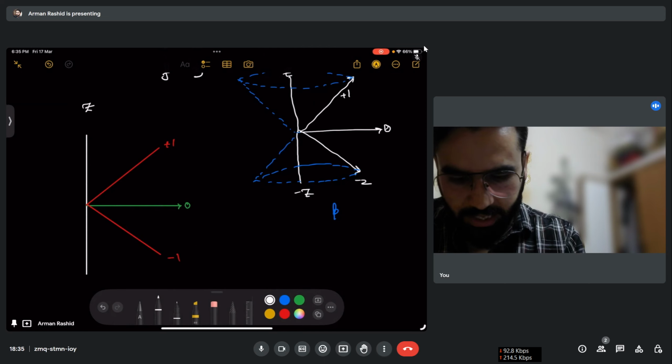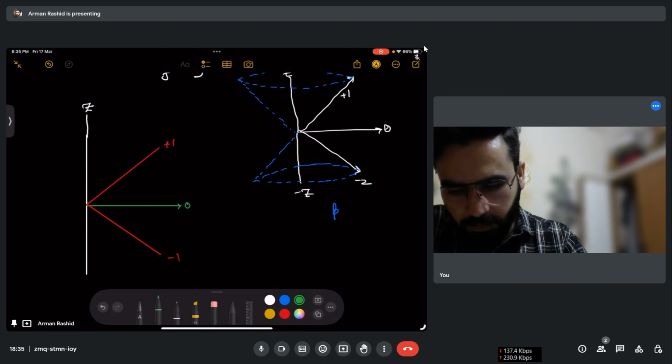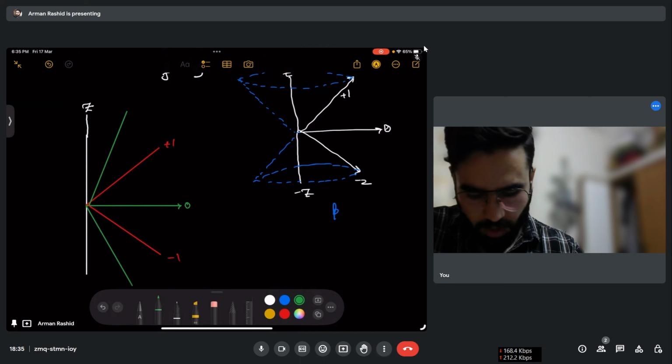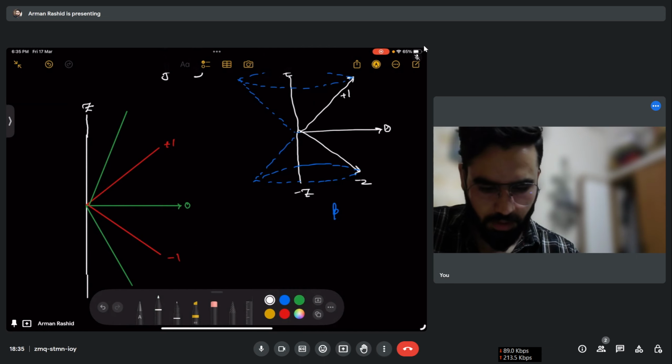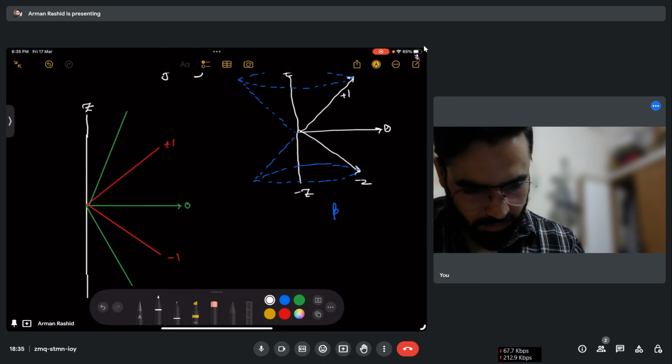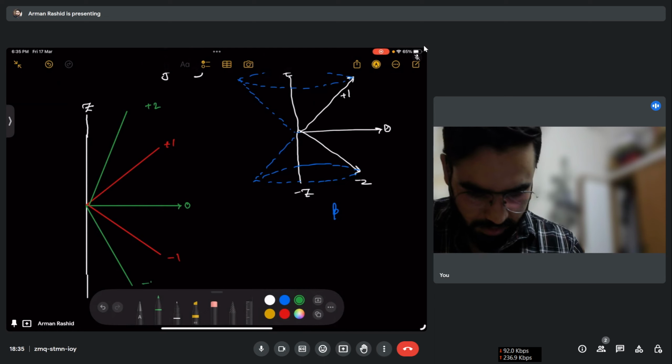This is along the z axis. Then we will have another, +2 and -2.